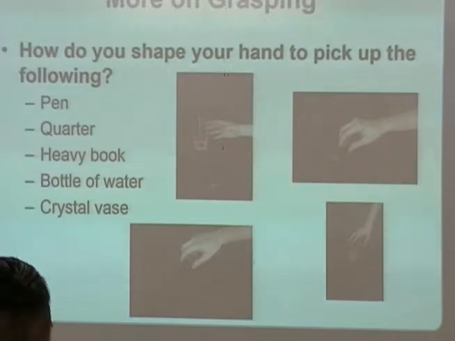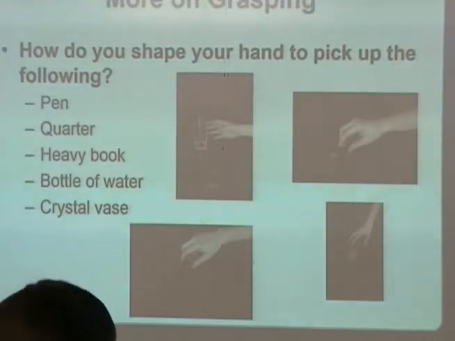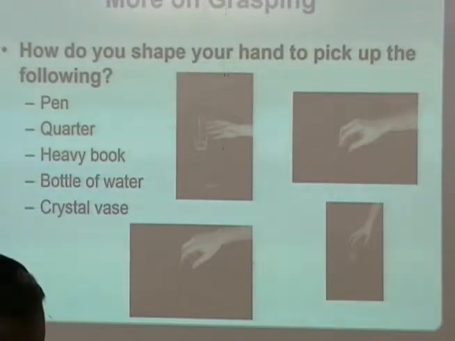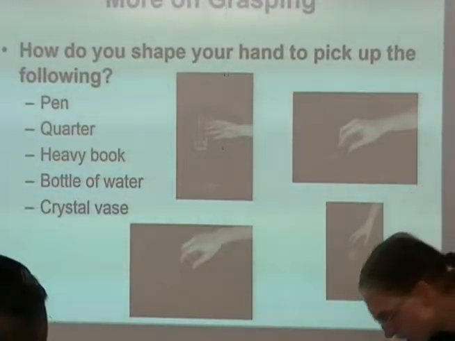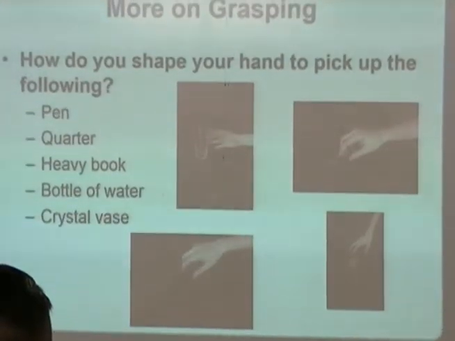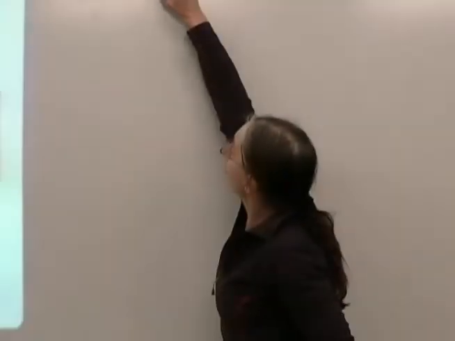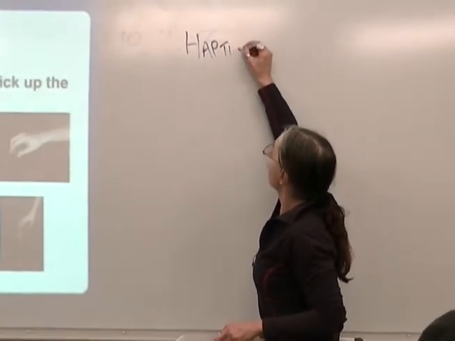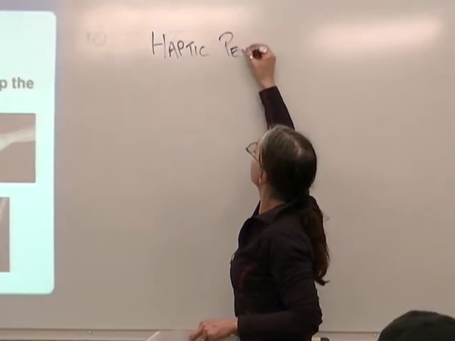So they have to understand what the object is before they want to make the shape to try to pick it up. Right? So infants are using what we call haptic perception. And we see a lot of behaviors in young children that involve haptic perception.